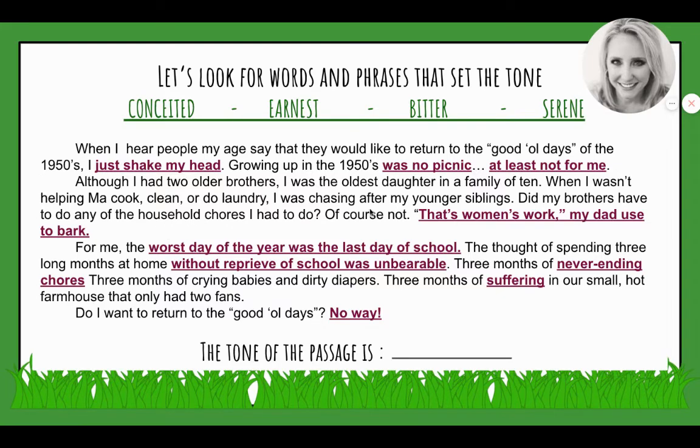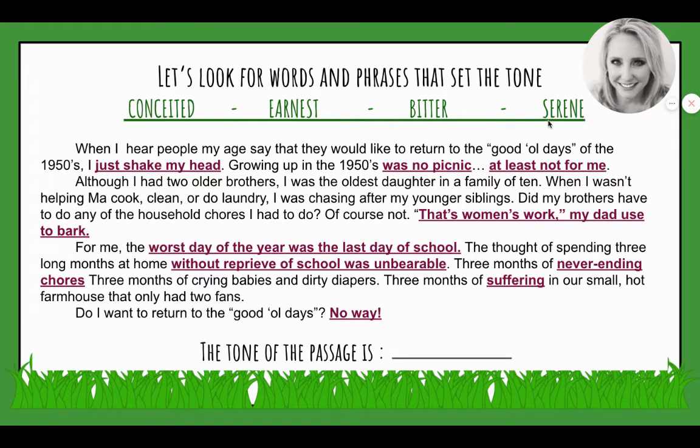And even this idea of that's women's work, that kind of brought up some feelings for me. She talked about 3 months of never-ending chores, 3 months of crying babies, all that suffering, and then no way! Exclamation point.